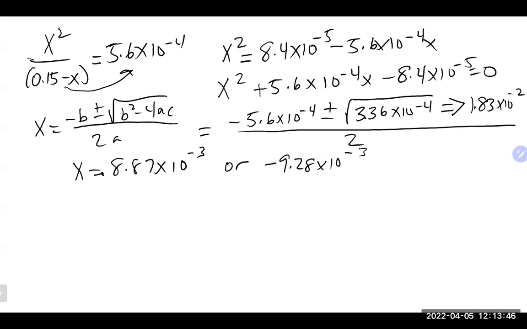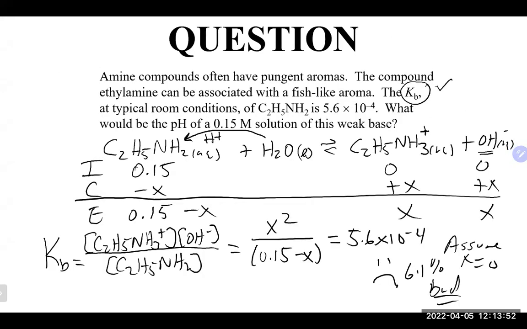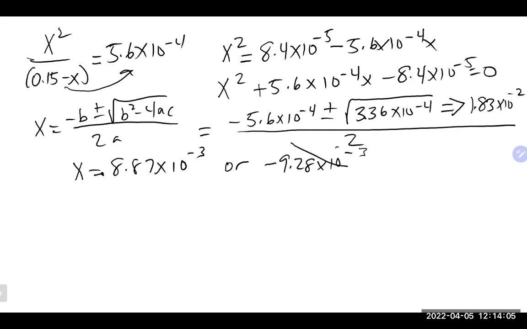Obviously, if we look back on our ICE table from the previous page there, we are looking for the OH minus concentration, which is equal to x. So clearly the negative number here is not the correct one, because we cannot have a negative concentration. So we do know that.